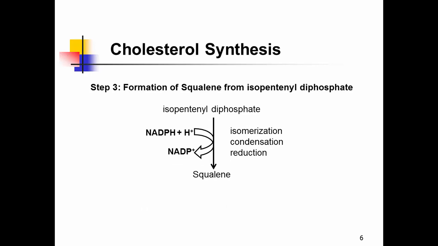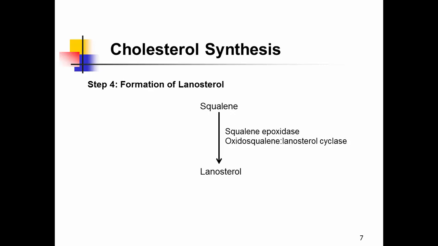And step 3 is the formation of squalene from isopentenyl diphosphate, also multiple steps, right? Isomerization, condensation, and reduction, and this step requires NADPH. Step 4, the formation of lanosterol from squalene, with squalene epoxidase and lanosterol cyclase, these two enzymes involved in this conversion, right?